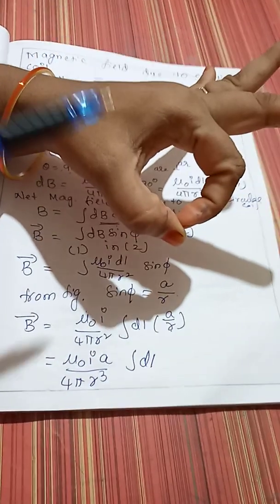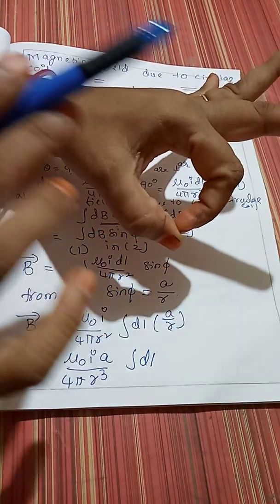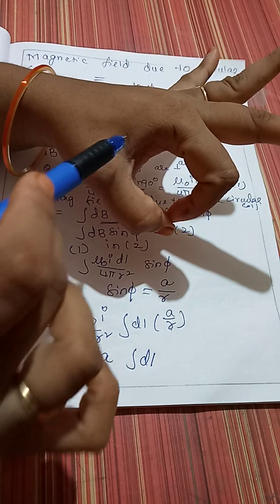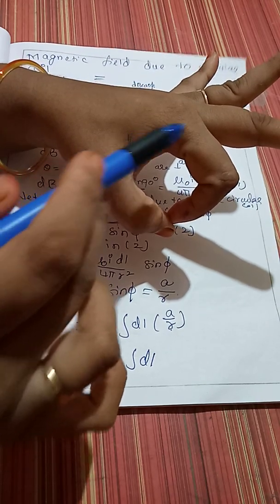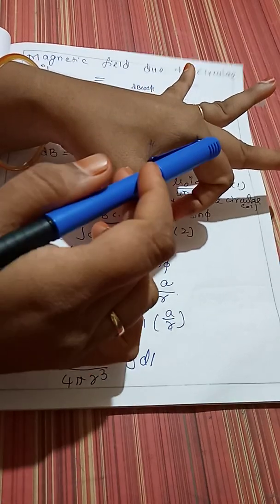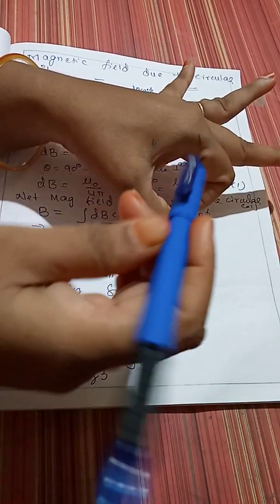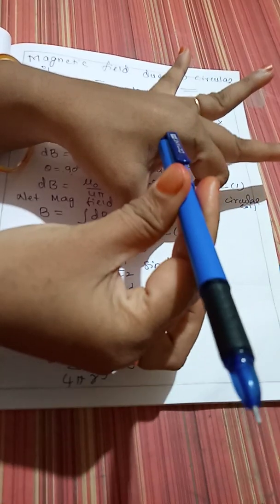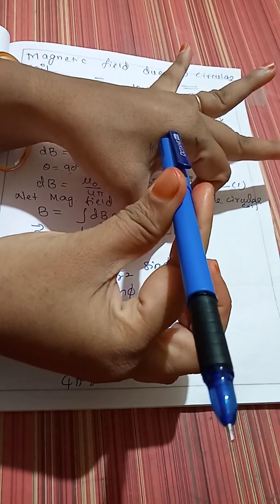If this is the circular coil and this is the element AB, dl is the length of the element, and r is drawn to the element AB.